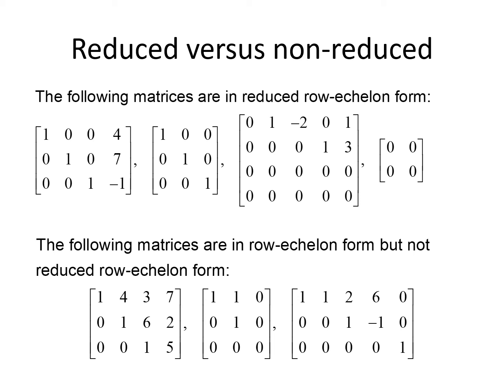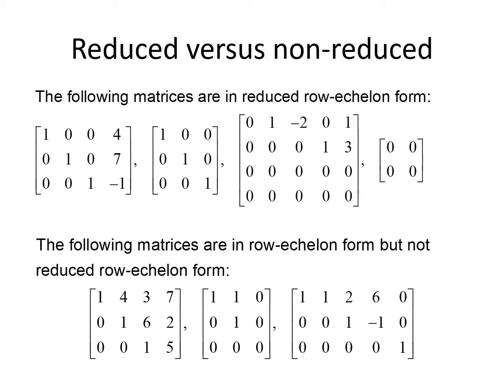This is the leading one of the first row, this is the leading one for the second row, and this is the leading one for the third row. The lower row's leading one is to the right of the higher row's, and the third row's leading one is to the right of the second row's. So it satisfies all the conditions of reduced row echelon form.